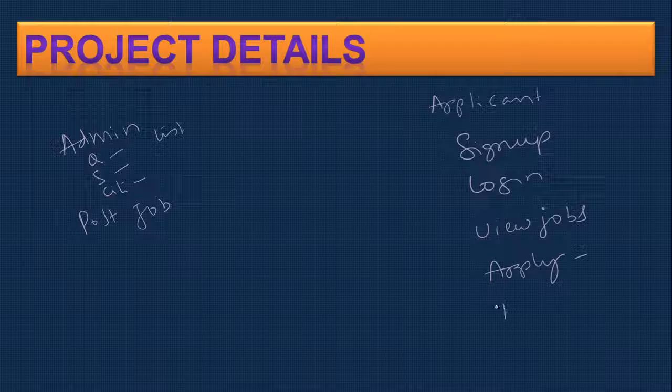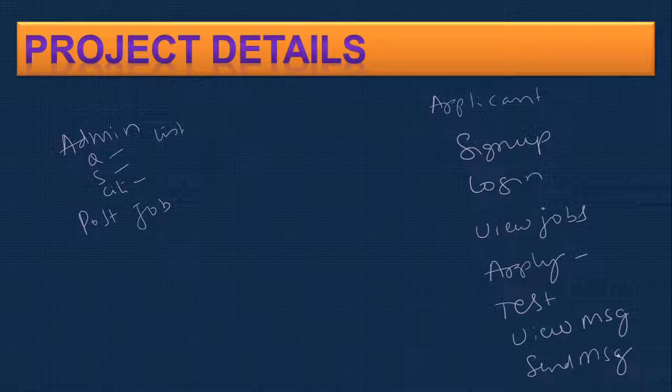After applying, you need to take the test. Then there is view message and send message. Whenever you apply for a job, a message comes to you, so you can view this message. And if you are selected, again the message is available.